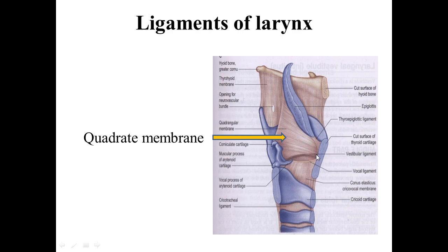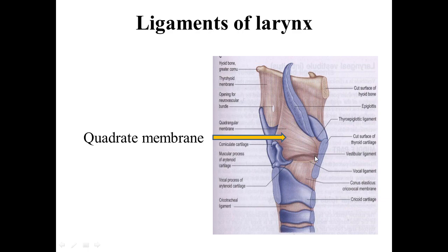This vestibular ligament extends from the vocal process of the arytenoid cartilage to the thyroid angle.